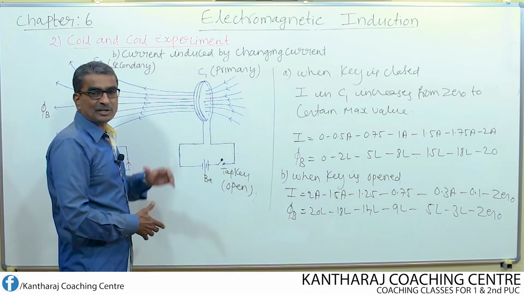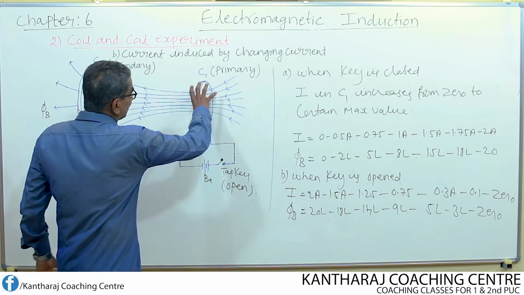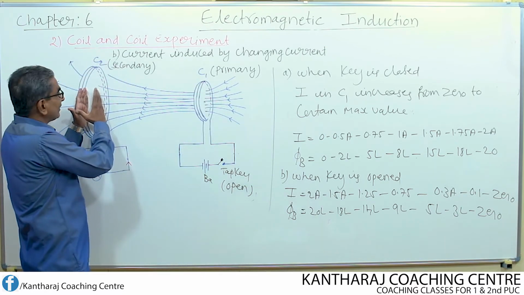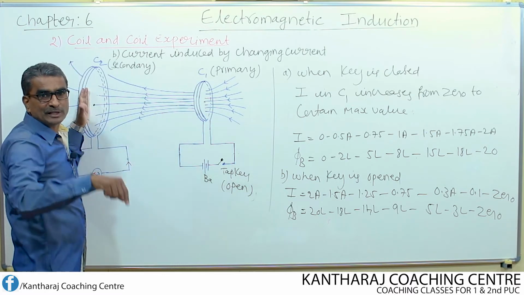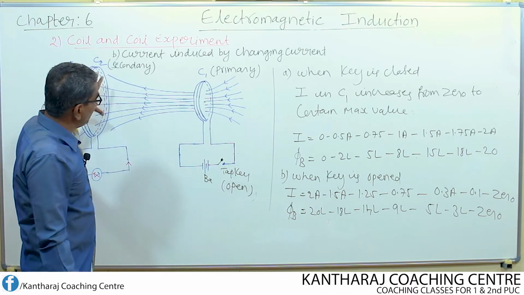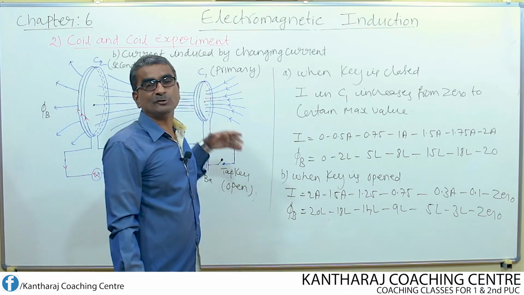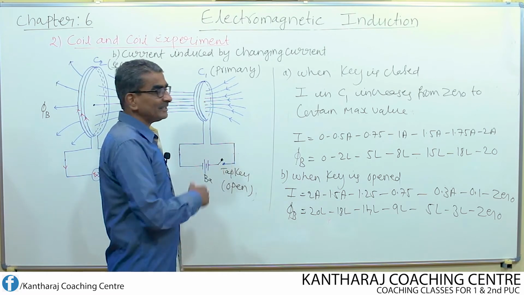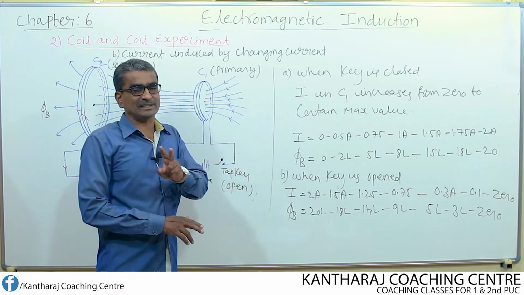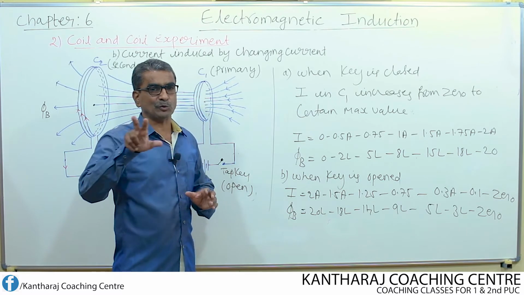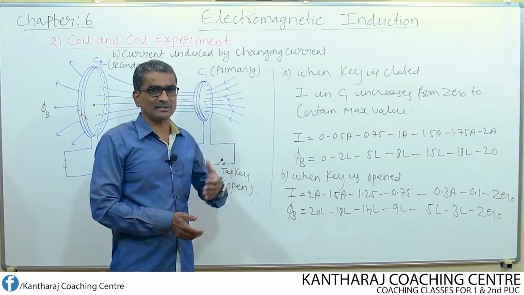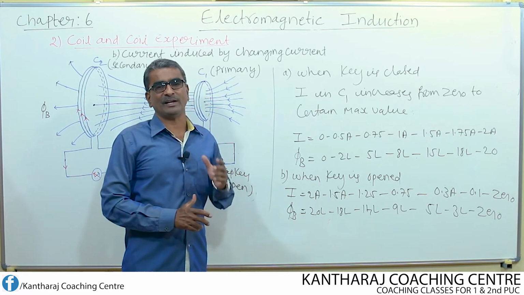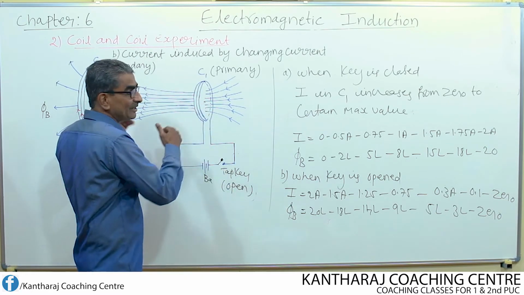Whereas in mutual induction, by changing the current in one coil, an EMF is induced in another coil, and this phenomenon of producing an EMF in one coil by changing the current in another coil is known as mutual induction. We will discuss this a little later. In self-induction only one coil is used, whereas in mutual induction two coils are used.